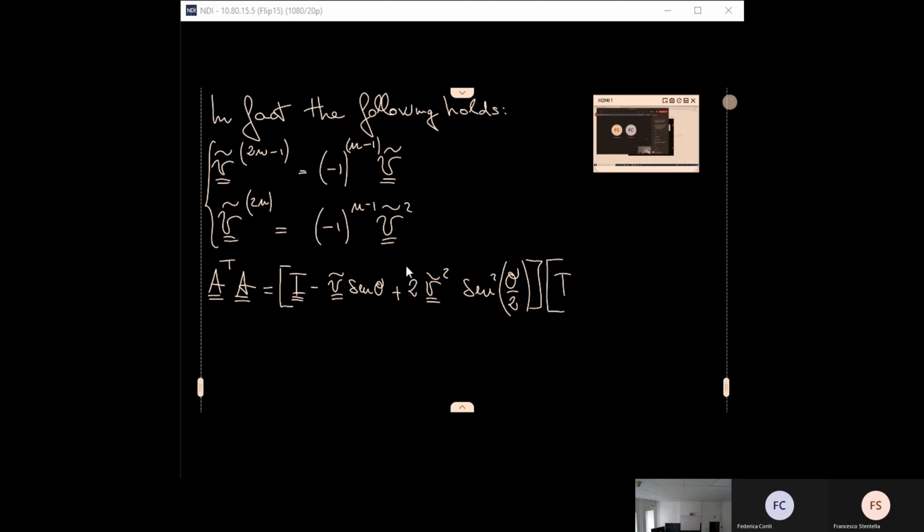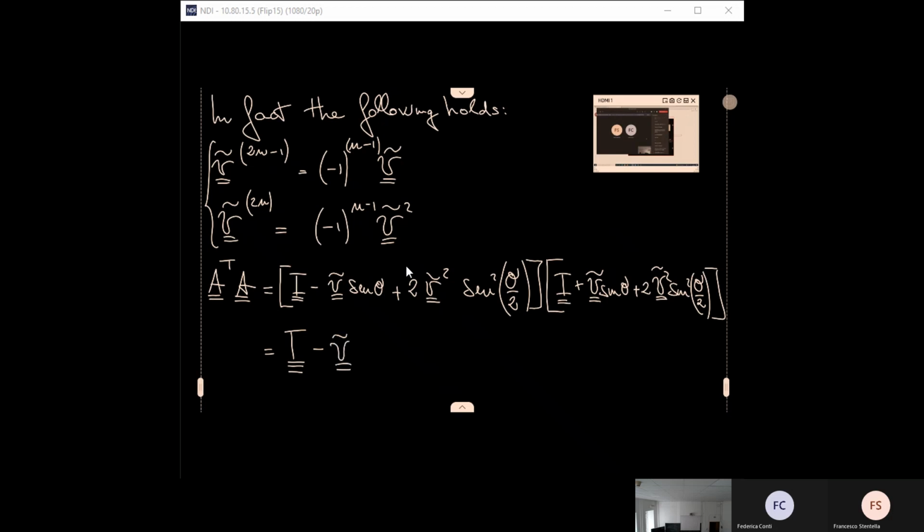So it's I, in this case, plus V tilde times the sine of theta, plus 2 times V squared tilde times the sine squared of theta divided by 2. Well, if you do this, you have the following. There is a little bit of algebra involved, but it's very simple, so I will sum it up for you.